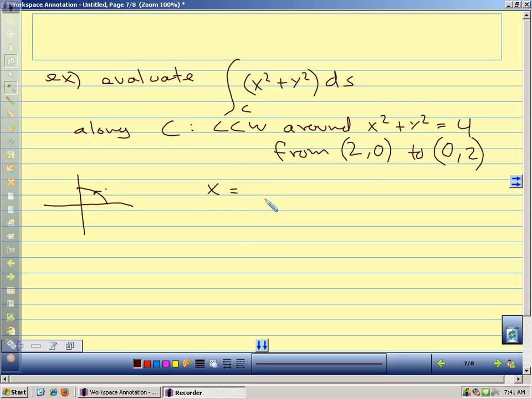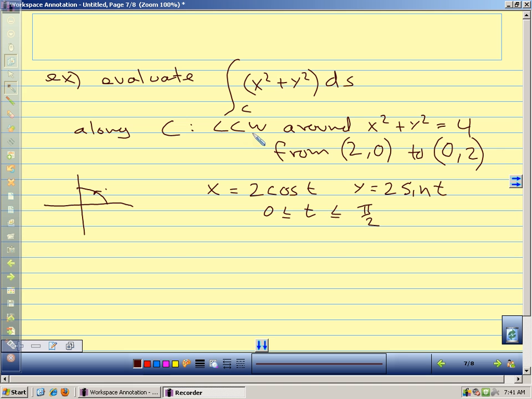X equals 2 cosine t. Y equals 2 sine t. And if we're going counterclockwise from here to here, we're going to say that 0 less than or equal to t less than or equal to pi over 2.